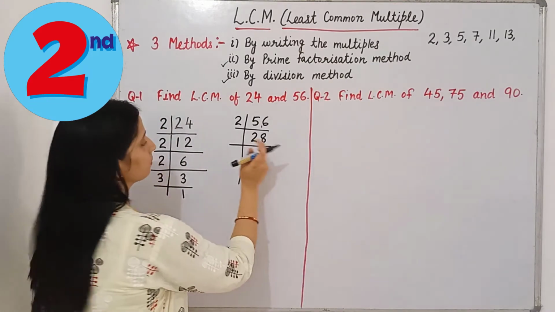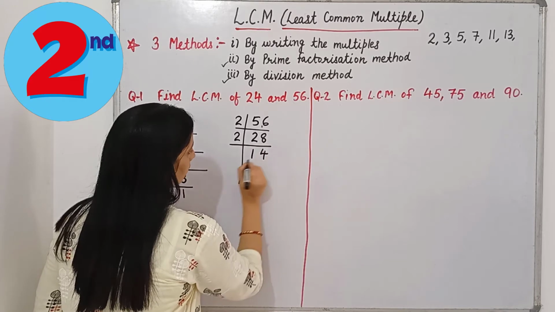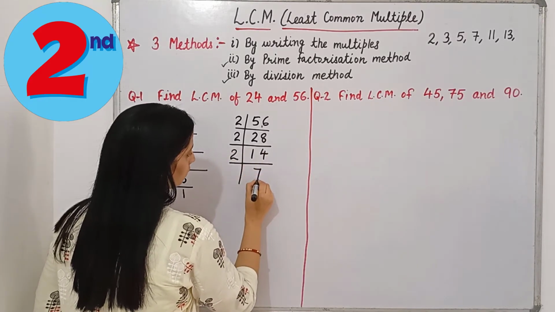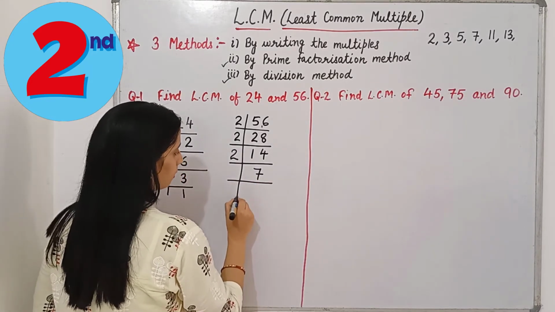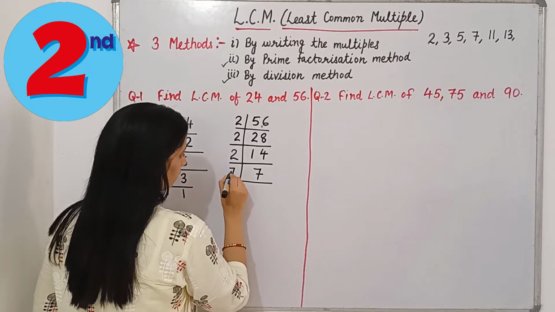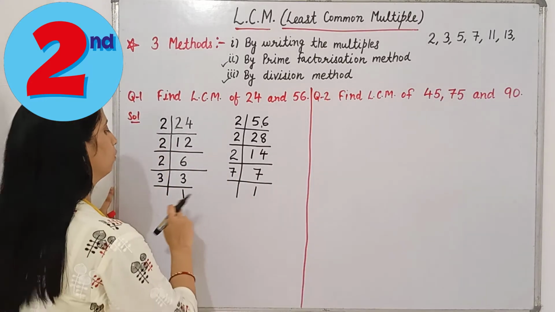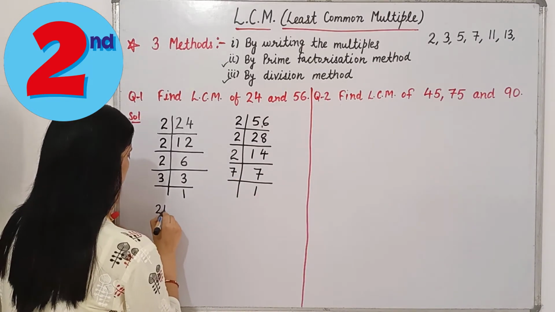Again 28 is divisible by 2. 2 ones are 2, 2 fours are 8. Then again by 2. 2 sevens are 14. And 7 is itself a prime number. It can't be divided. So 7 ones are 7.